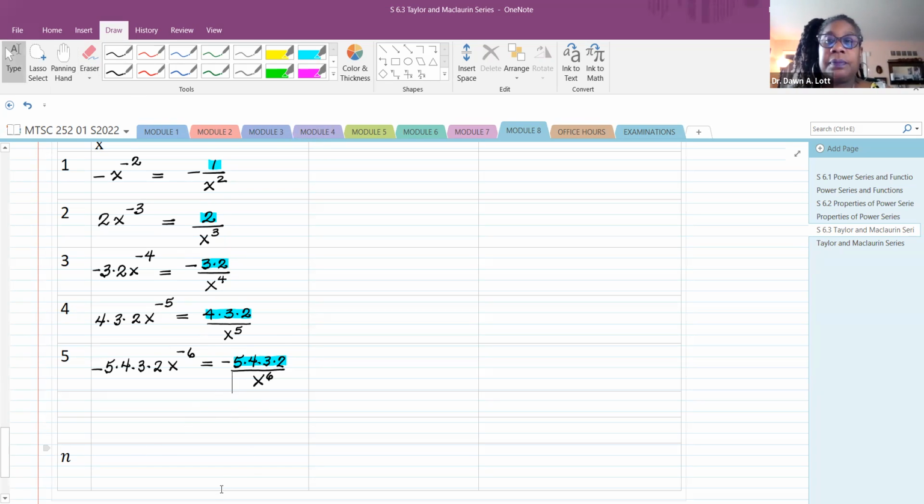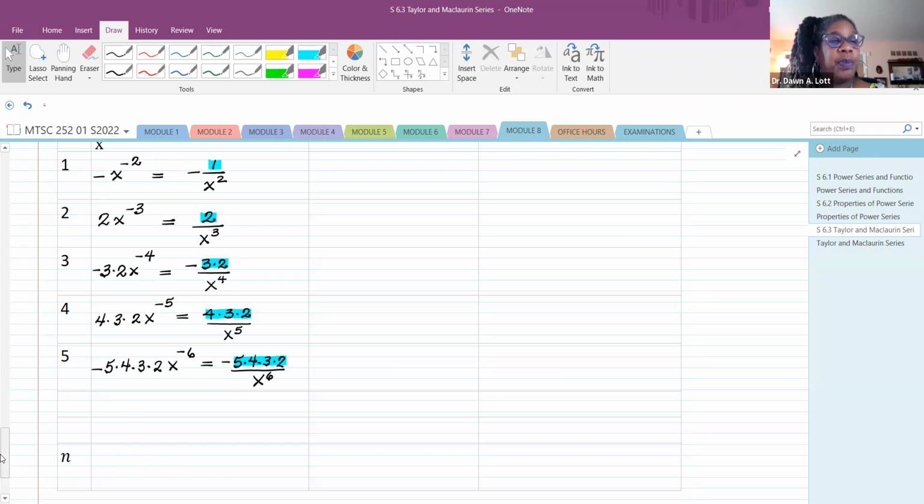Is it related to a factorial? It is a factorial. Notice this is a 5, I have 5 factorial. This is a 4, I have 4 factorial. This is a 3, I have 3 factorial. This is a 2, I have 2 factorial. And this is a 1, I have 1 factorial.